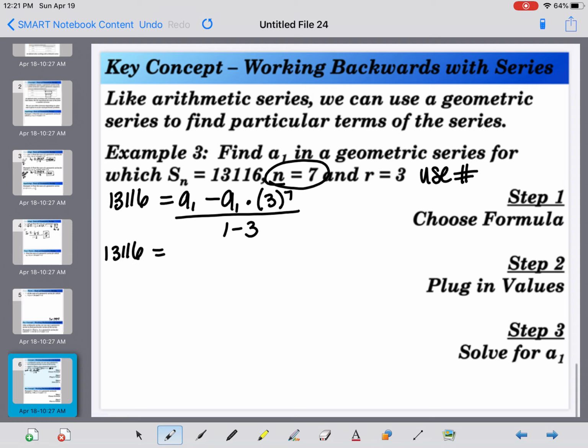It looks a little daunting to solve, so we're going to clean it up first. Let's get rid of that -2 on the bottom by multiplying on both sides.